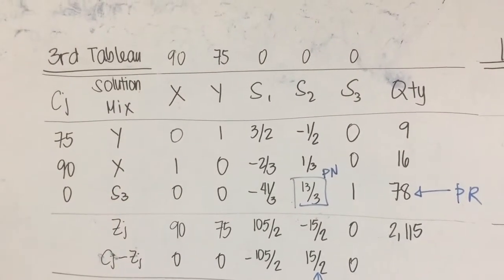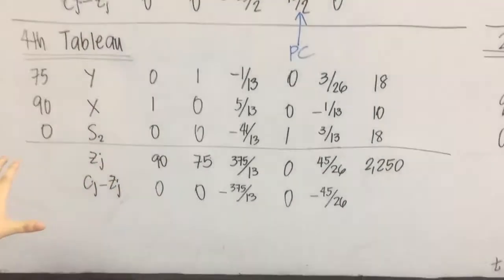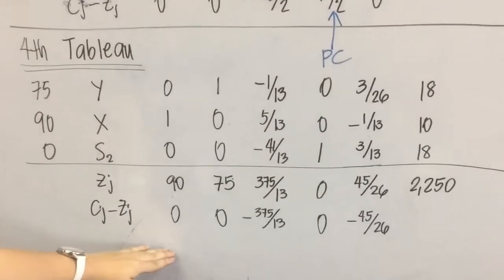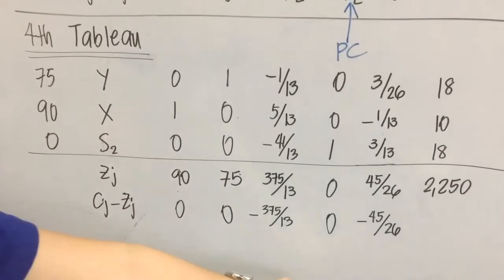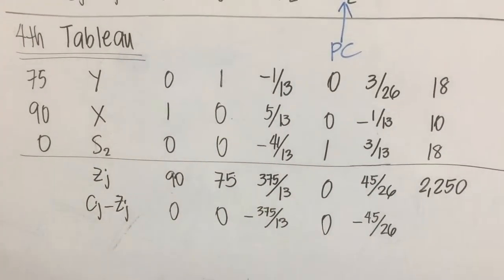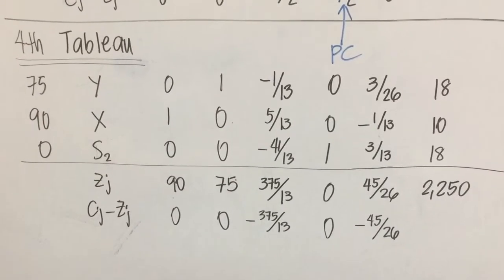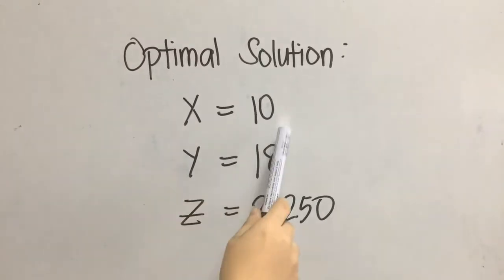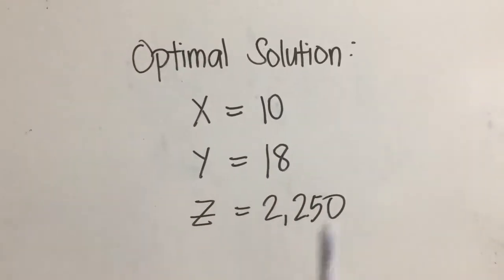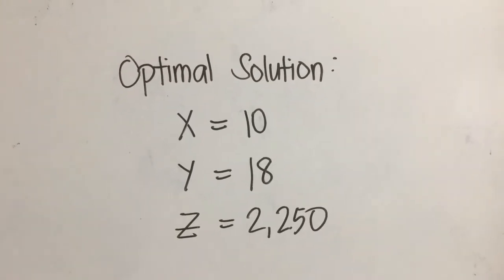And after that, we have reached the fourth tableau. So in this, we have seen that the values in Cj minus Zj are already zeros and negative values. Therefore, we have achieved our optimal solution. The optimal solution is x equals 10, y equals 18, and z equals 2,250.